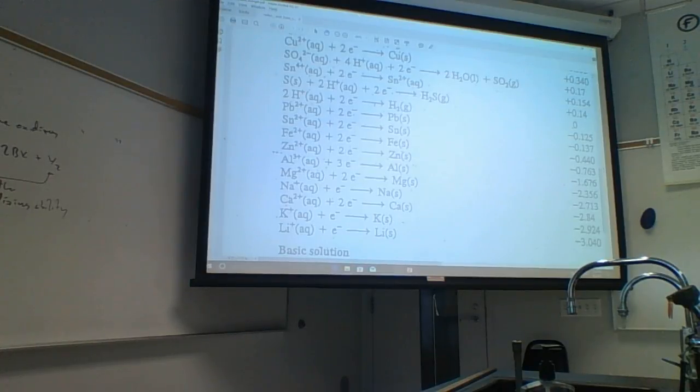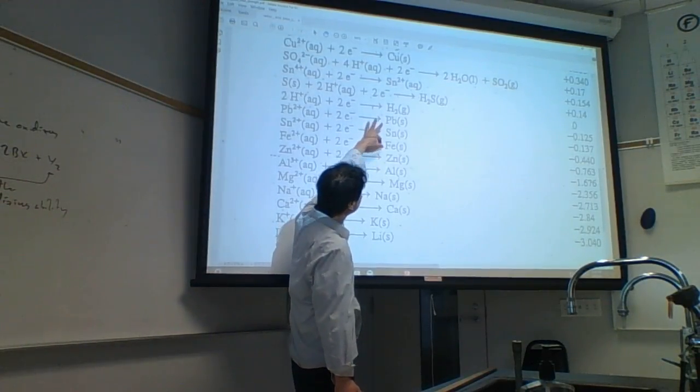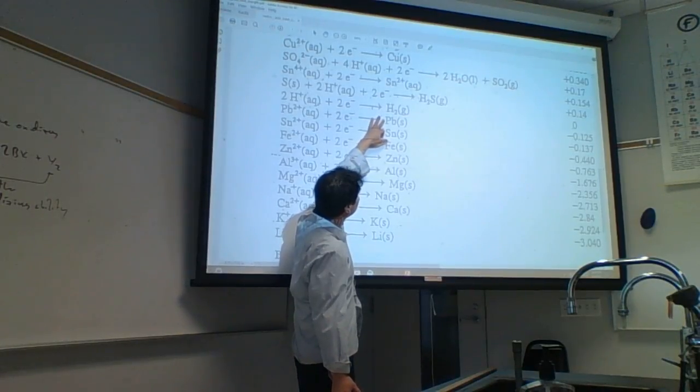Now let's look at the driving force. Let's compare A to B. Which one's more active, iron or hydrogen? In other words, if you had a trunk full of iron nails or a trunk full of hydrogen gas, which one do you think is more reactive? Hydrogen gas. So we're going from less to more. Wait a minute, which one is more active?